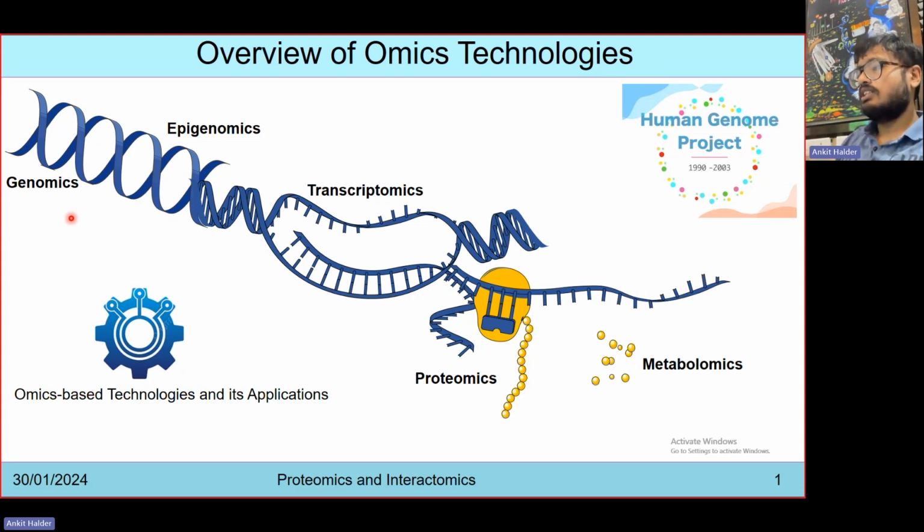Not only the expression level of the proteins, but the interactions also play a huge role, and how to study those interactions specifically, and how we can get another level of understanding in a better way. So this is an overview of the complete omics-based technologies.